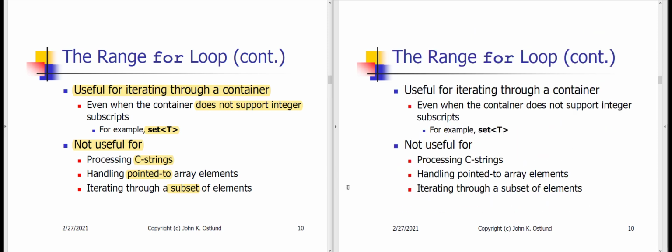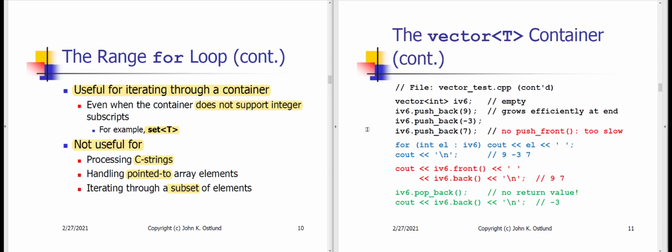But meanwhile, let's take a look at some more functions that we can use for interacting with vector objects. Continuing on in the same vector test code file, I've declared another empty vector of ints called IV6. Vectors grow and shrink very efficiently from the end.